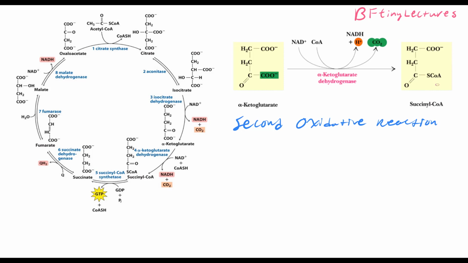So what happens is that we want to convert alpha-ketoglutarate into succinyl coenzyme A because of the thioester, because of the thiol group of coenzyme A right here. So we can say that the thioester in succinyl coenzyme A is very high energy.